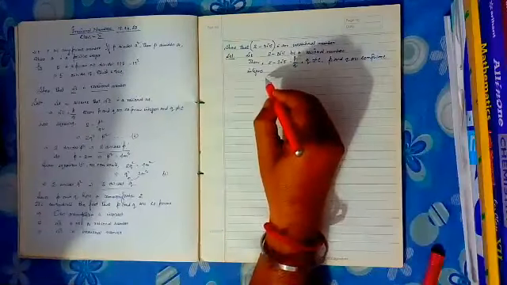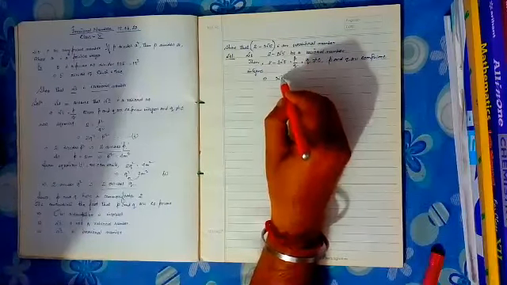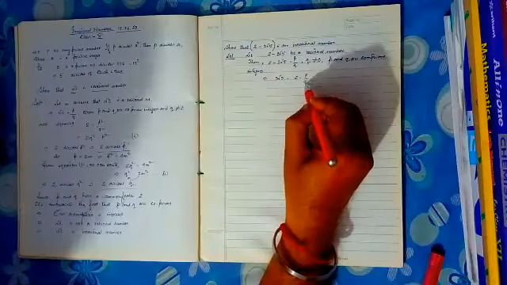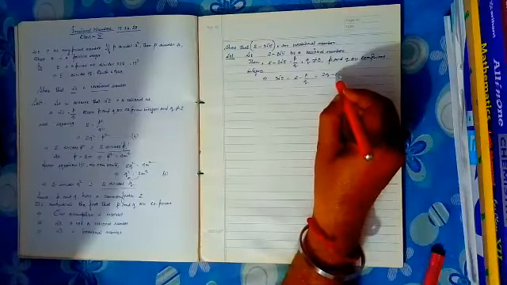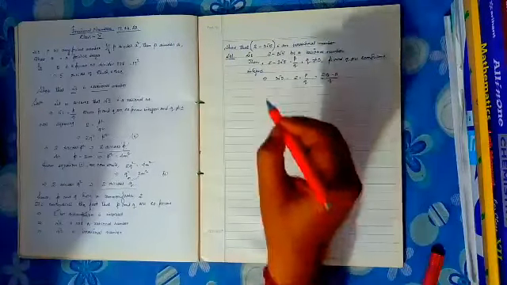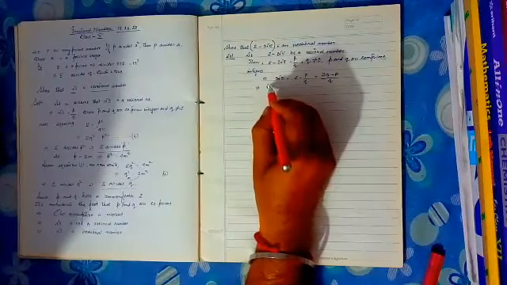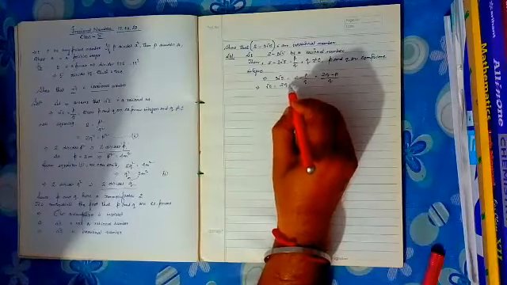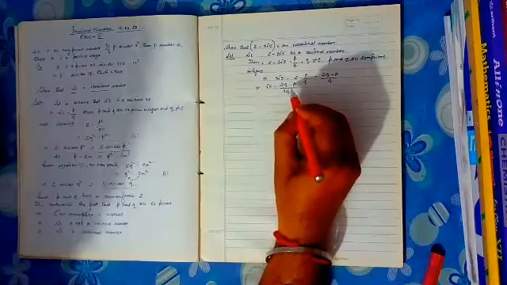Then this implies that 3 root 5 is equal to 2 minus p by q, that is equal to 2q minus p by q. This implies root 5 is equal to 2q minus p by 3q.